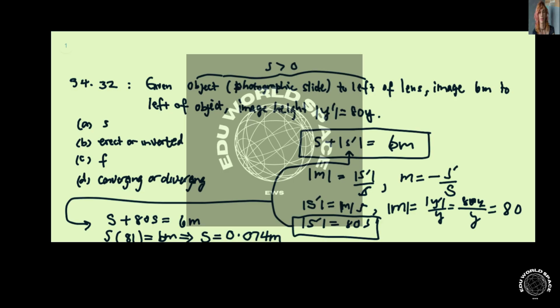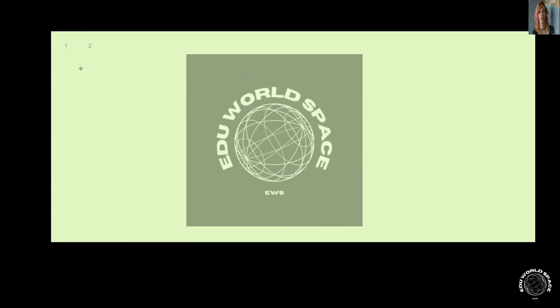Let's solve part B. Is the image erect or inverted? So now I know that S plus S primed is equal to 6 meters.